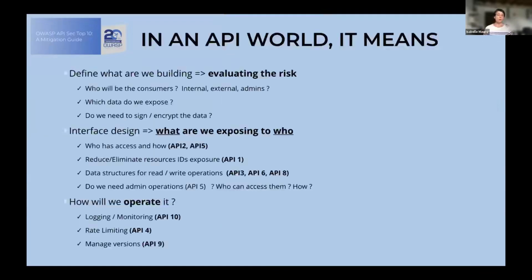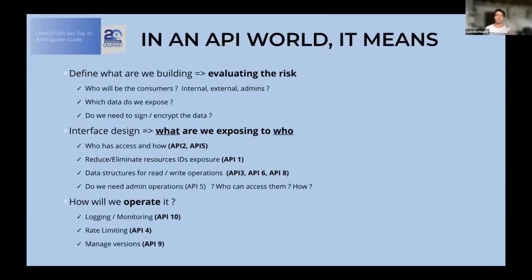So in an API world, what do we have to do? We're going to take some decisions when we design, when we define the API, when we design the interface of the API, when we decide how we're going to operate the API. And all of these have direct links into those API top 10 that I had mentioned.